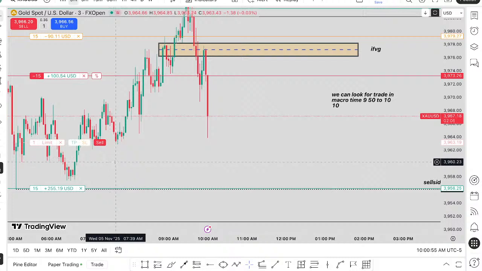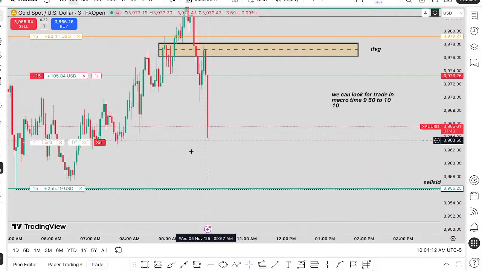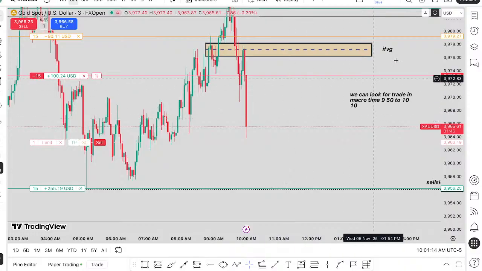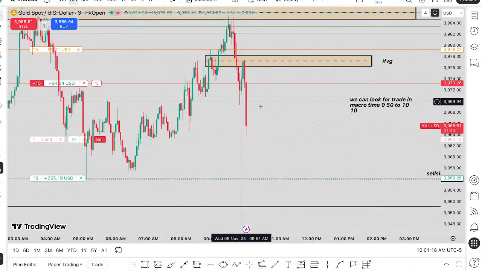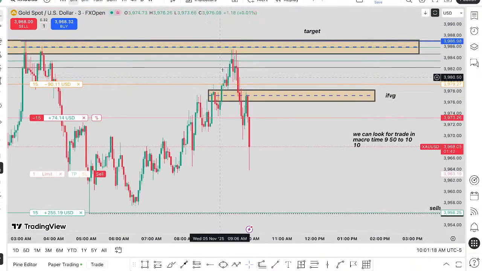I just want to see. The price would be fast. They would go fast to the downside. How do I know that? The displacement that happened here, and all those buyers who bought here, they would just knock their heads off.